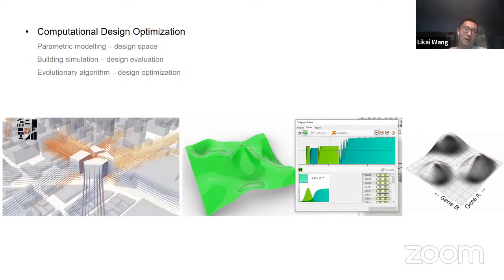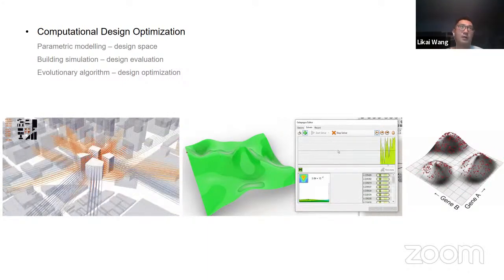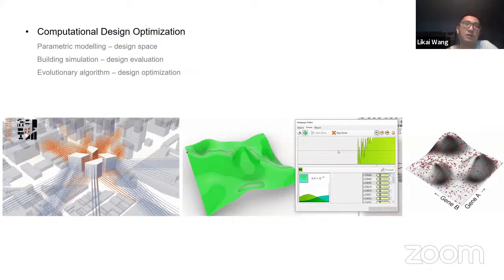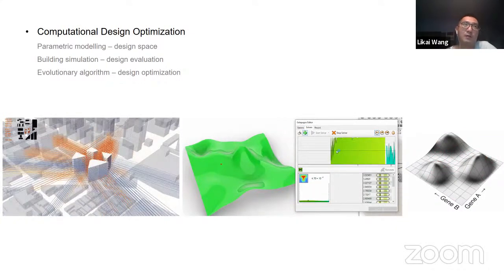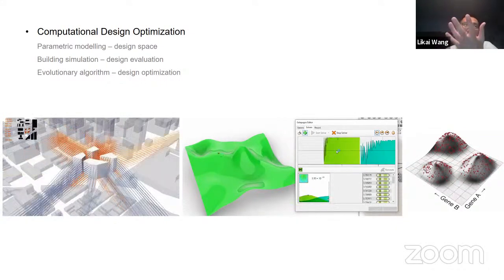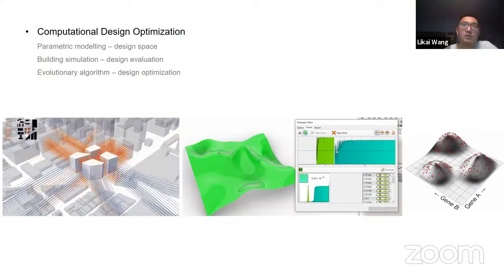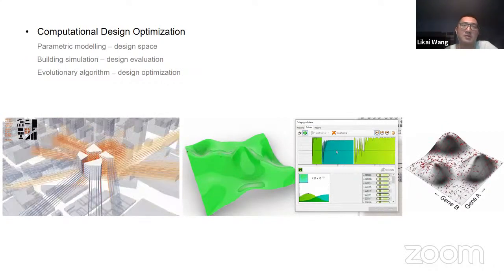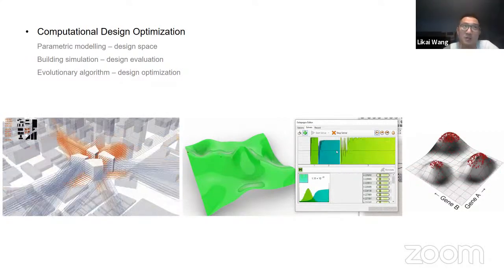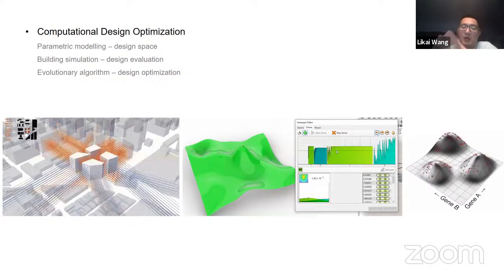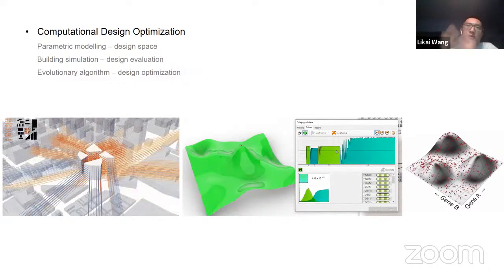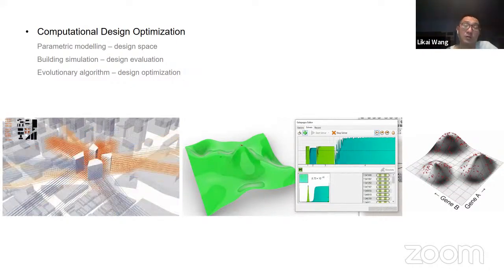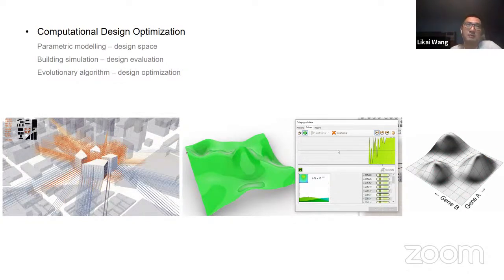After we have the parametric model and the building simulation, we still need a technique to automatically search for high-performing designs, which is mostly the evolutionary algorithm. We also know there are many similar variants, like direct search algorithms and algorithms based on machine learning, but usually we view all these as optimization algorithms.